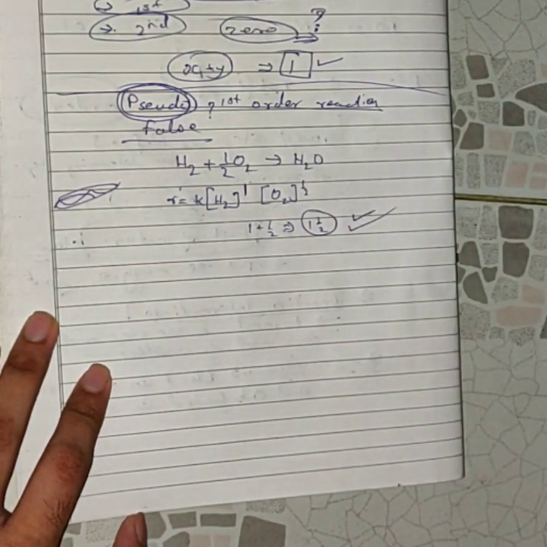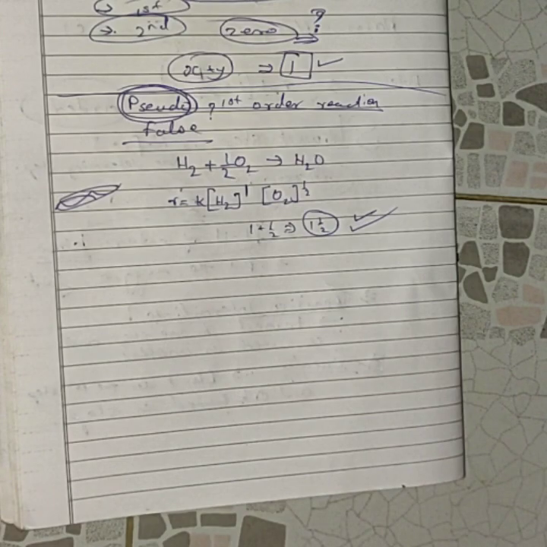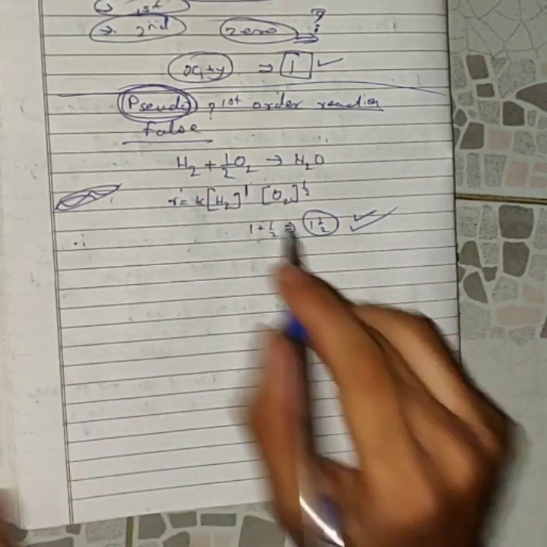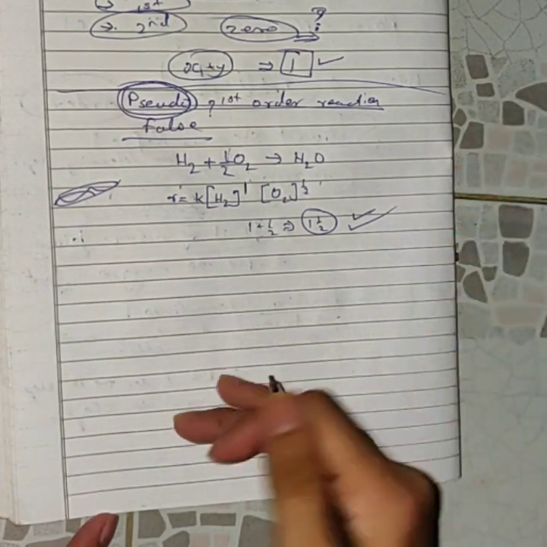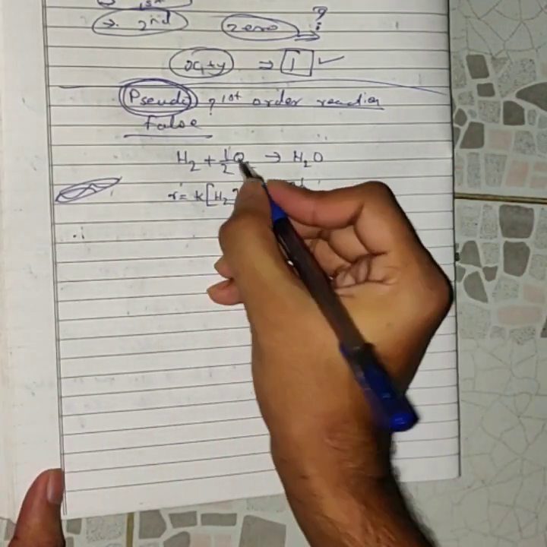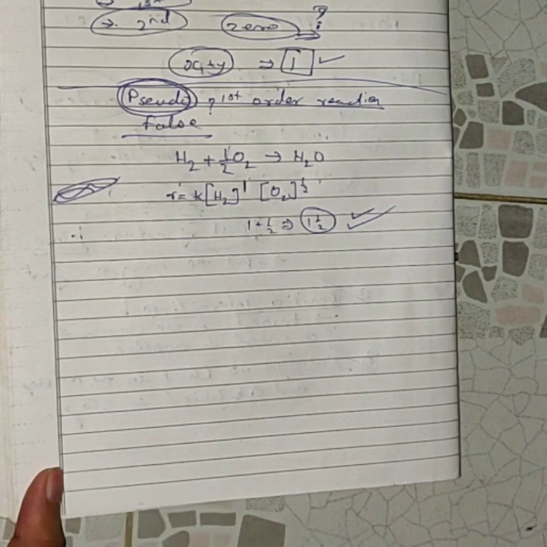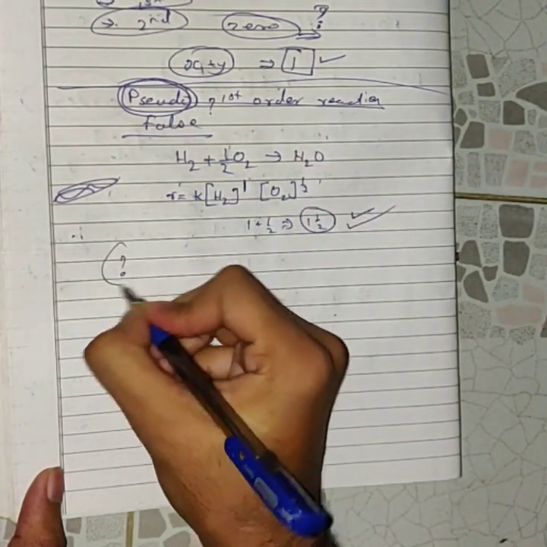And if you took one full oxygen, it would become 2. So we find that it should be more than first order, but it may be a first order also. Now the question is how.